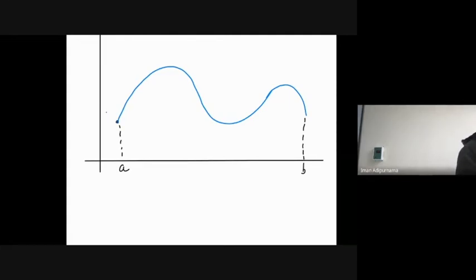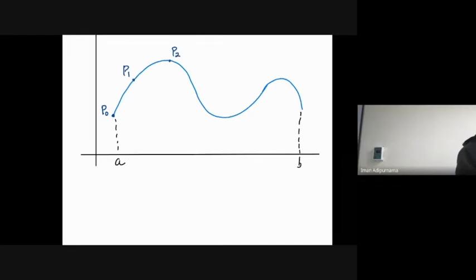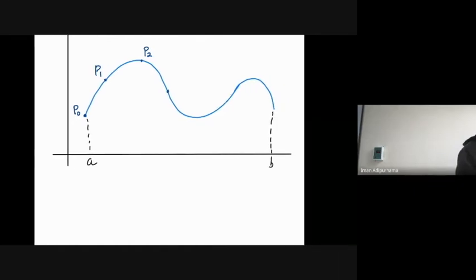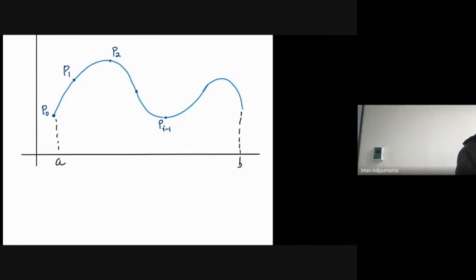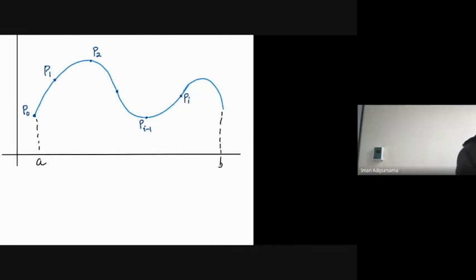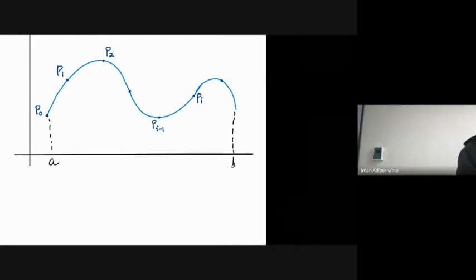Let's say we have points P0, P1, and then maybe P2, and maybe some point around here, and I will make the pattern for i: P(i minus 1), and then Pi. And the last point will be Pn.